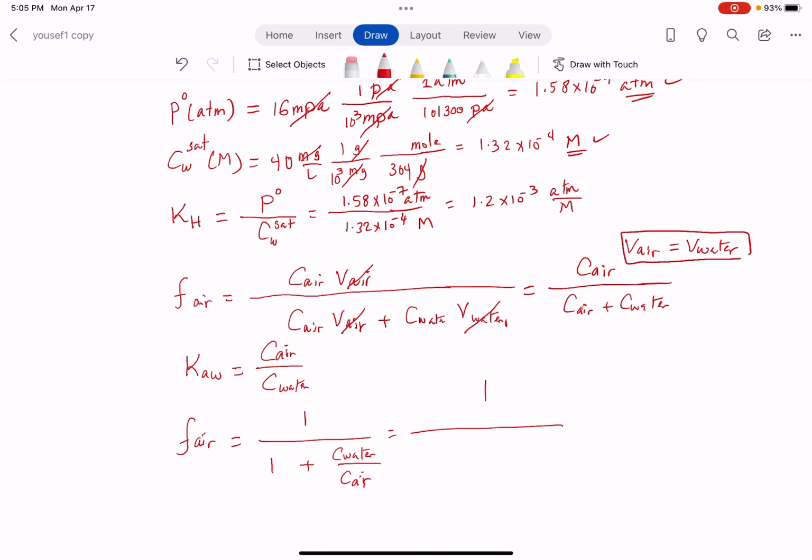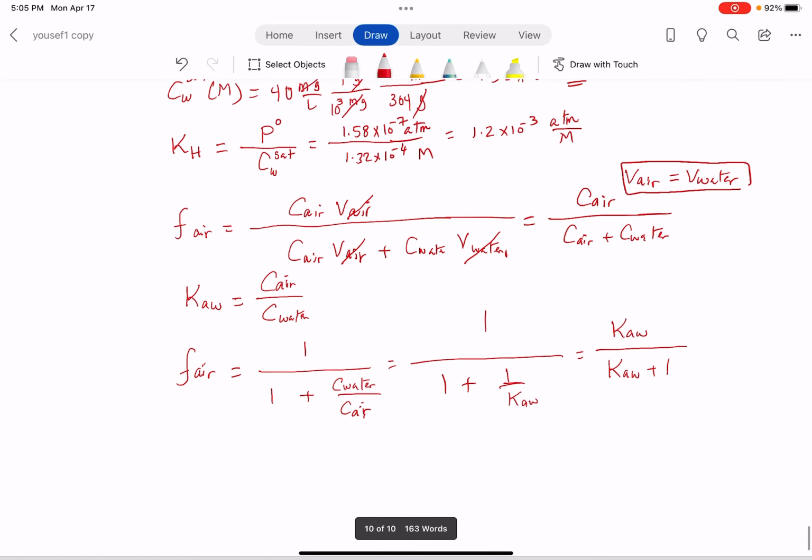So it's 1 over 1 plus 1 over K air water. You could rearrange this equation, and it will be K air water, which is the Henry law constant, over K air water plus 1. So this is the fraction of the component in air.